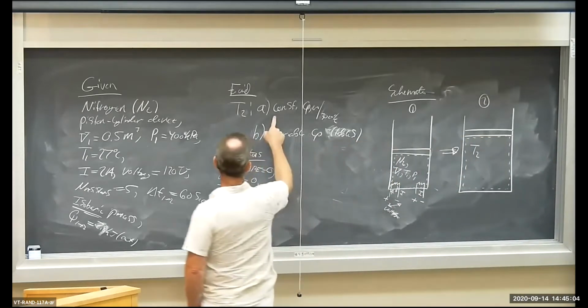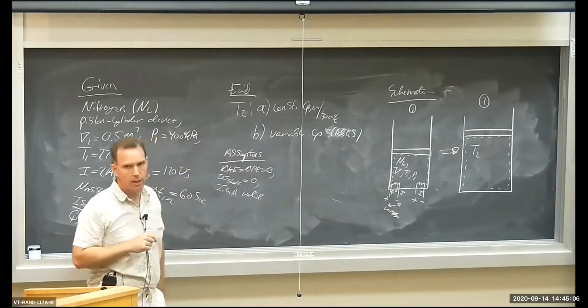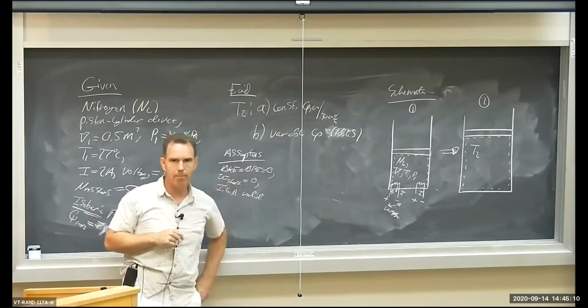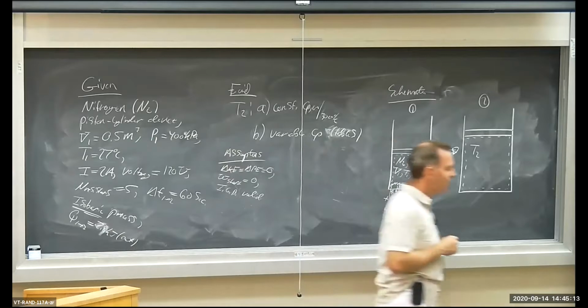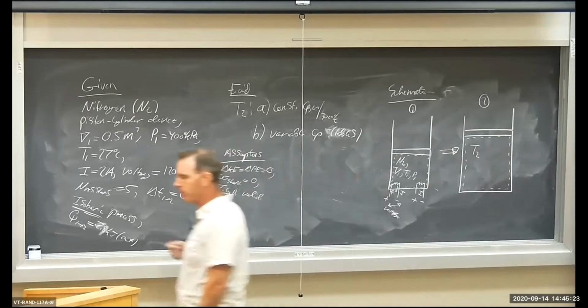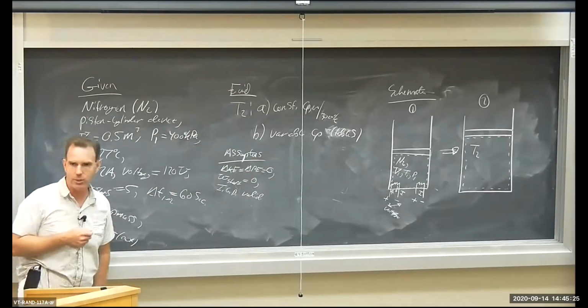I want to find the approximate temperature, assuming constant specific heats, and I want to find the actual temperature, T2, using variable specific heat or property tables, okay? So I think in today's lecture, we'll get through the constant specific heat version, and then we'll finish up the variable specific heat version next time, okay?